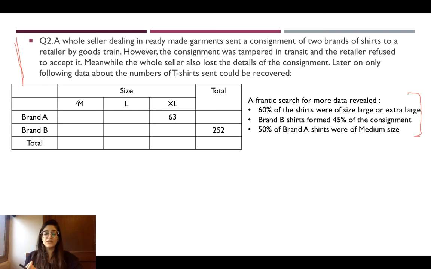So again what I need is the total consignment number or total shirts number. Last point is 50% of brand A shirts were of medium size. That means first I need to know how many shirts were in brand A, and from that I can find how many were medium size. So here I am missing a lot of information.